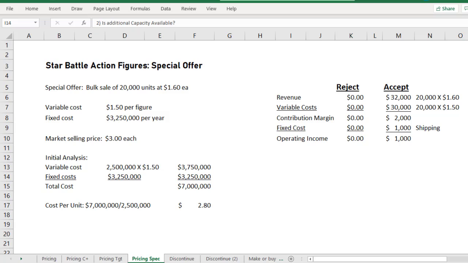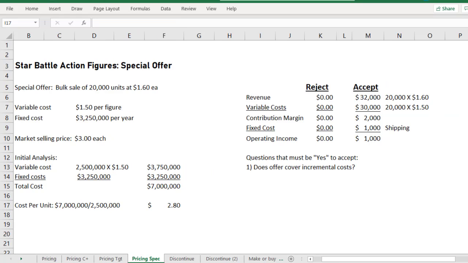So that extra $1,000 in shipping is a fixed cost, and it is different between the two alternatives. So ignore the normal fixed costs because you pay them whether you reject or accept. So there's no difference. But include the fixed costs that do differ. In this case, the only fixed cost that differs is the shipping.